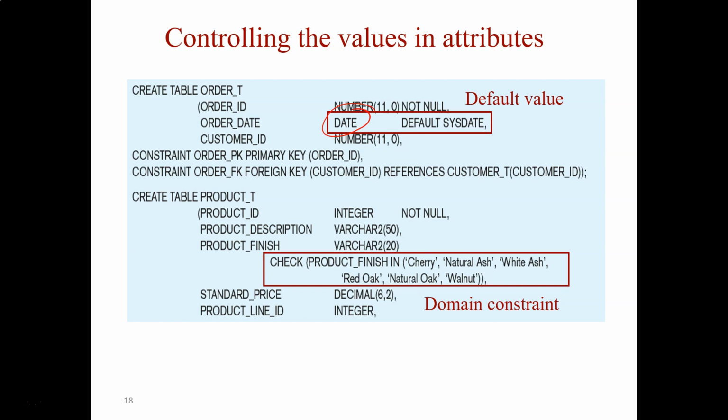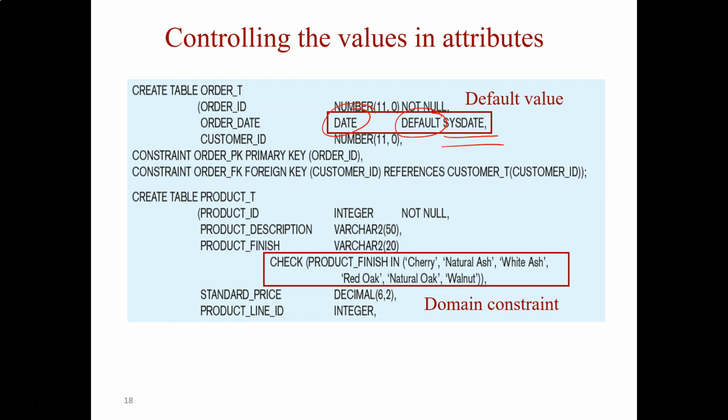Therefore, we use the keyword default followed by the default value for the attribute to define the default value. In this case, we use the built-in function sysdate, which would automatically put the current date in the field when a new order is created.